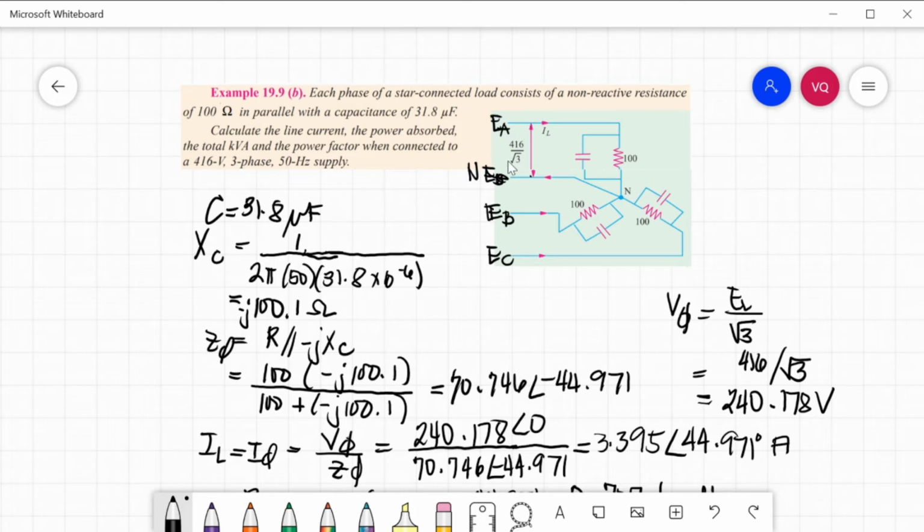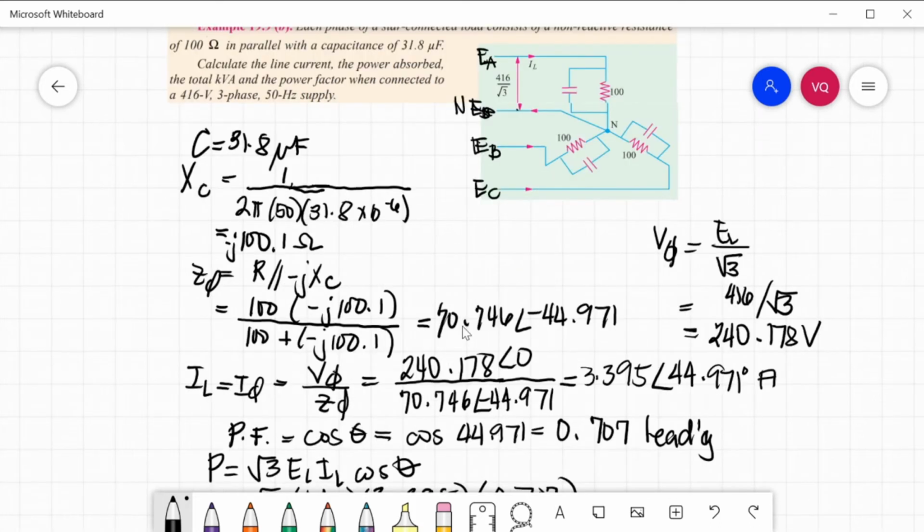We will solve first XC, the capacitive reactance, that is 1 over 2 pi F times C, which is negative j 100.1 ohms. Now we will solve the per phase total impedance, where XC is in parallel with R, equal to 70.746 angle negative 44.971.